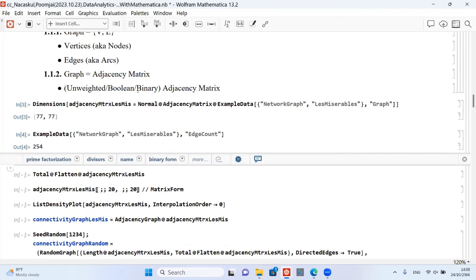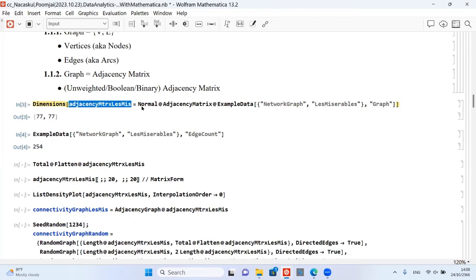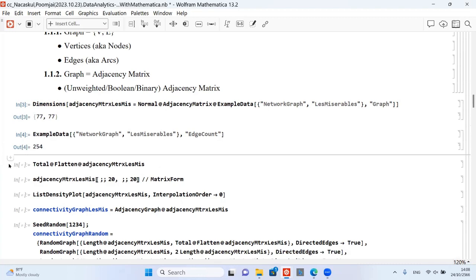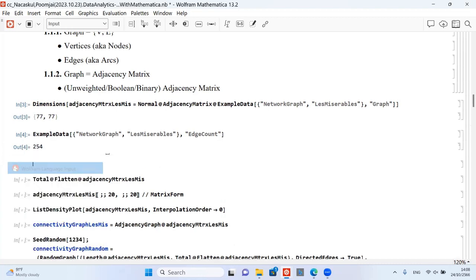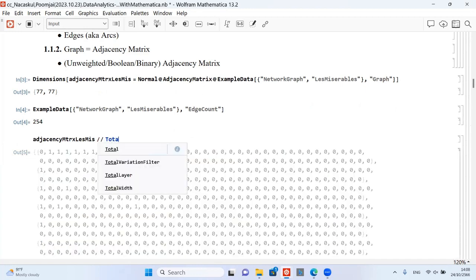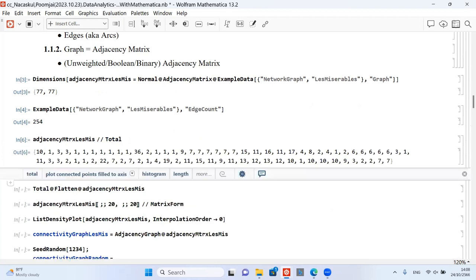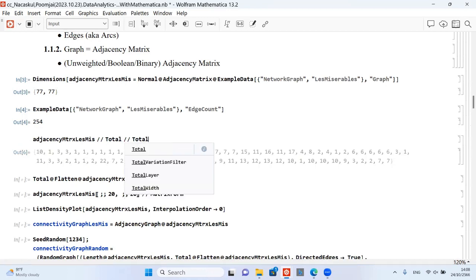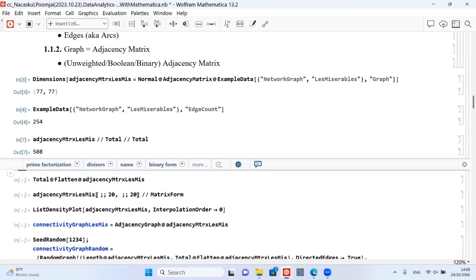Well, actually, you can do it easier than that. You can just take this thing, and by the way, it looks like this. Then you just add the total. Now this adds the total along the row. So let's do it twice. 508.